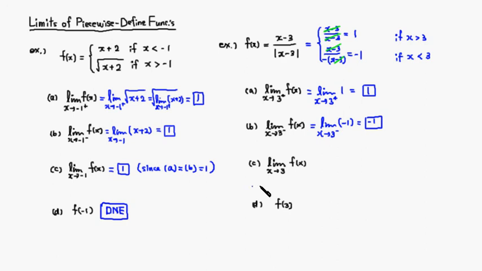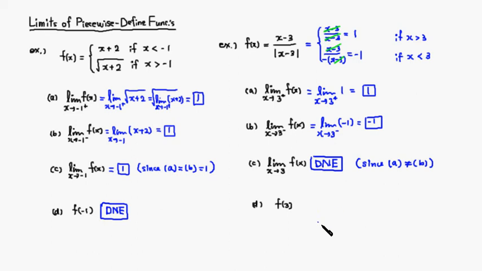All right, part C. We don't really have to do a lot of work because we know that the right-hand limit is 1 and the left-hand limit is -1. Since they do not agree with each other, the two-sided limit does not exist. The justification is that part A does not agree with part B.